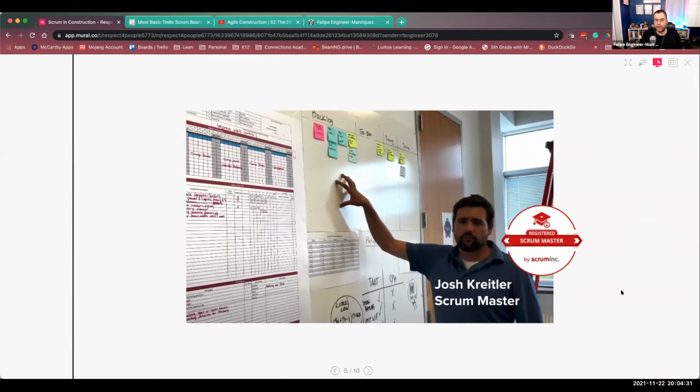And Josh is also a registered Scrum Master, trained by yours truly, me, ladies and gentlemen. And he's using Scrum to help his team get those bottlenecks out of the roadway, as Jason showed in the video. They've got a backlog of things that need to be done, things they're doing in the near term, doing one thing at a time, and things that they get done so they can see.